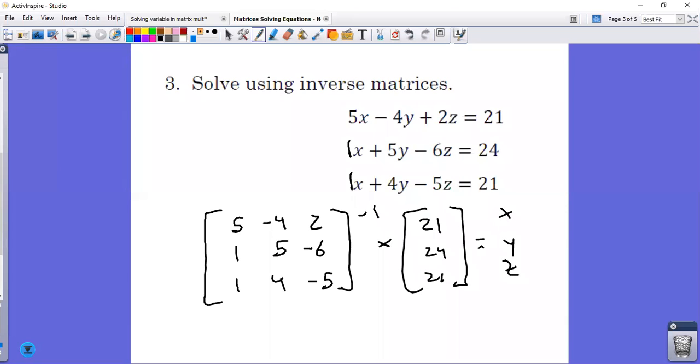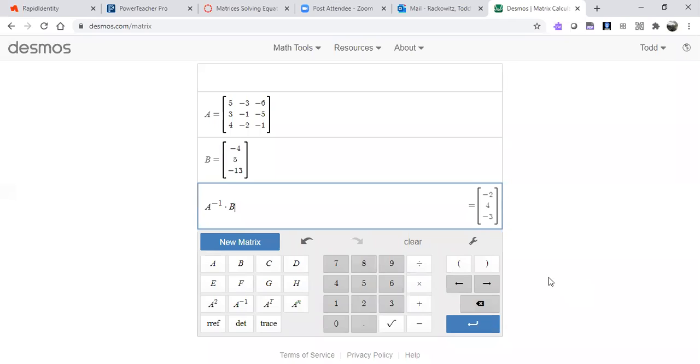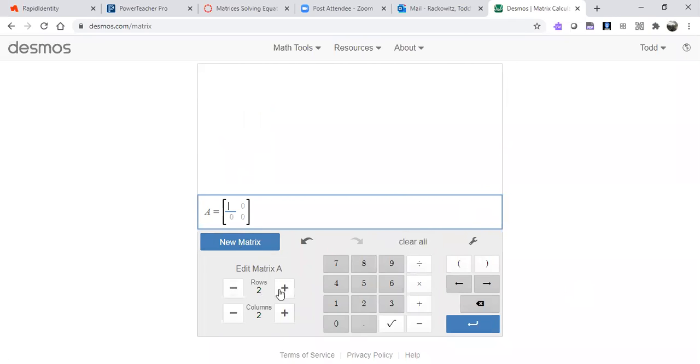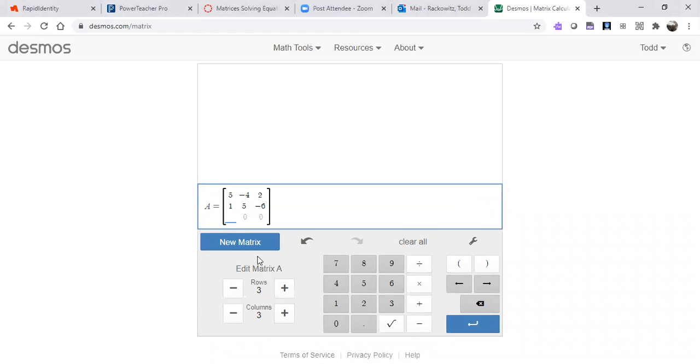So go to your Desmos, clear all, new matrix, 3 by 3, 5, -4, 2, 1, 5, -6, and 1, 4, -5.